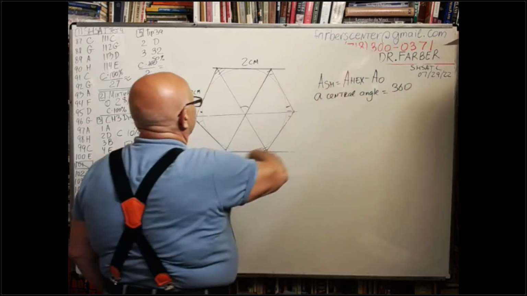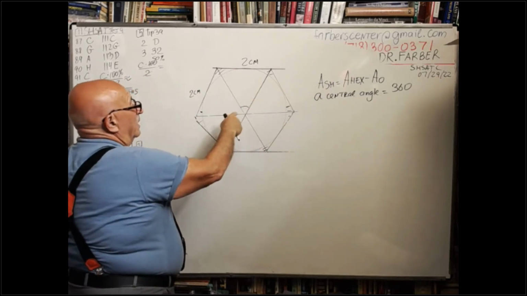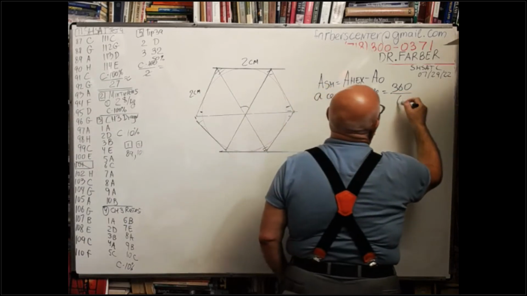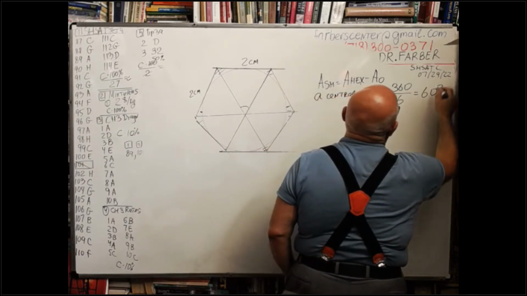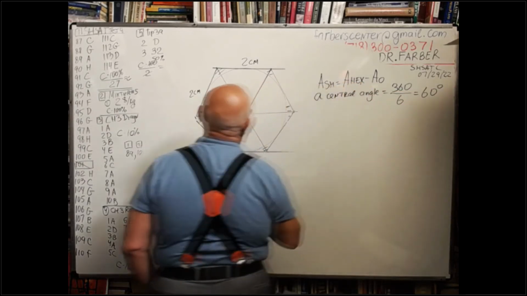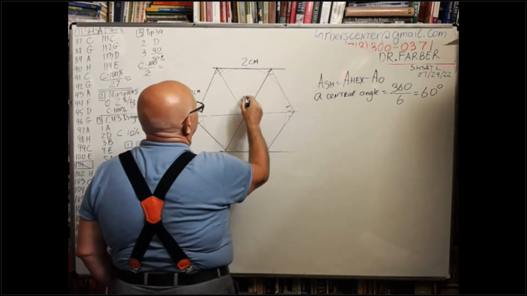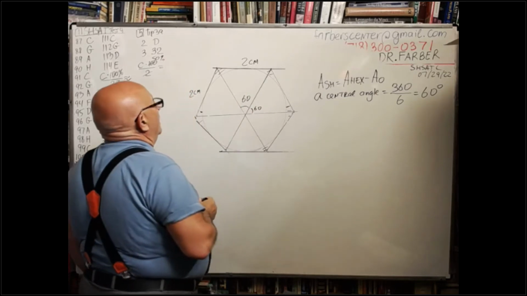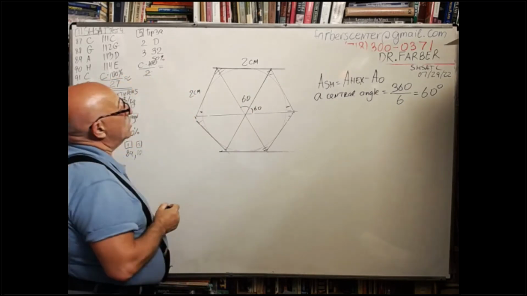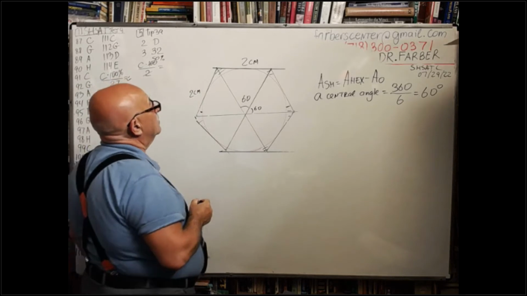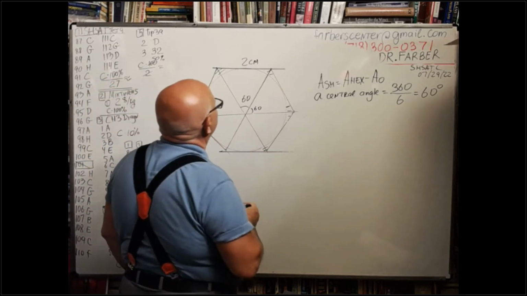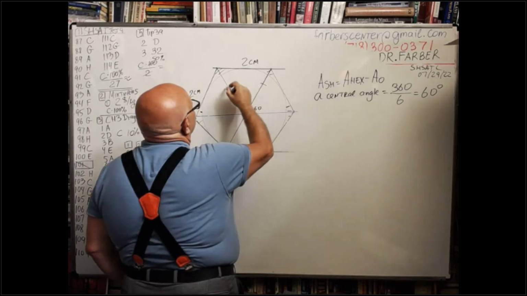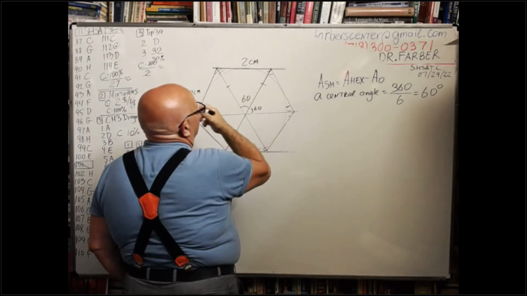Because 360 is the entire circle, and you divide by 6, which is 60 degrees. So if every angle is 60 degrees, let's say this is 60, this 60, all of them 60. And look at this. And the system is symmetrical. All these segments are the same.